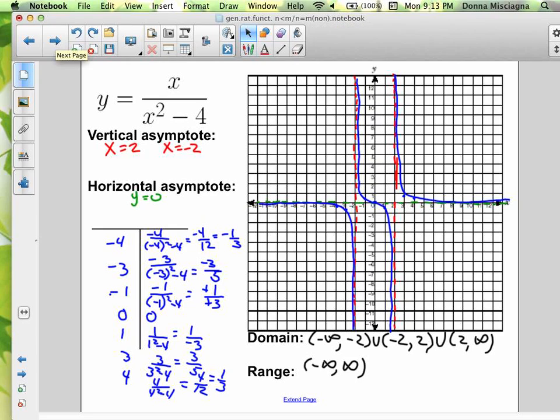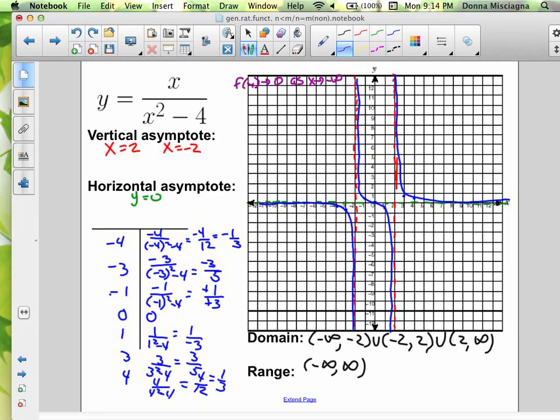The last part we're going to do is the end behavior. I'll try and do that quickly. We've got a lot of end behavior here because we've got 2 vertical asymptotes. So f of x will approach 0, the horizontal asymptote, as x approaches negative infinity.